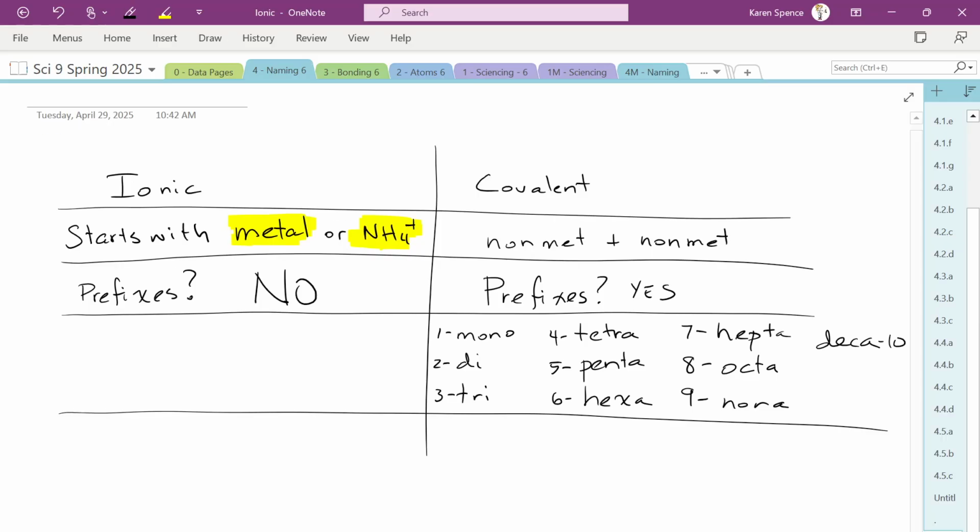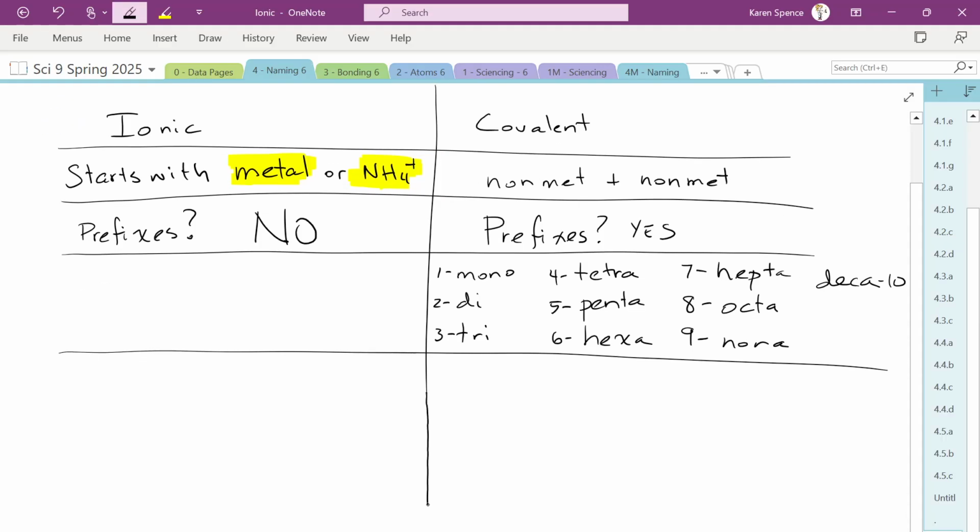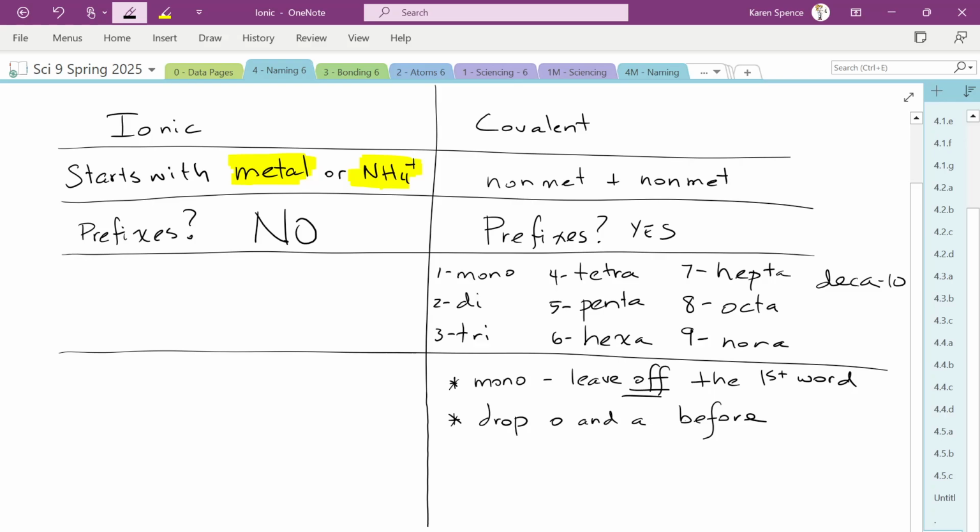Okay? Is there anything special that we need to remember with the prefixes? Mono, leave off the first word. Is there anything else special? We drop O and A before oxygen, oxide.